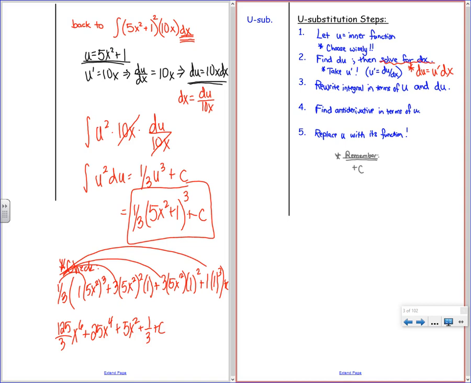Was the u prime there? No. But check it. Even if the u prime's not there, I can plug in my u and I can plug in for dx, du over 5. And as long as there is no variable, isn't this just a constant? And can't all constants just come out?